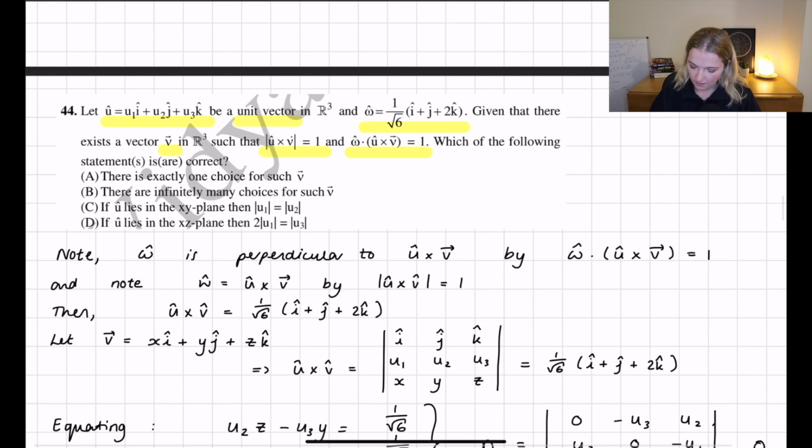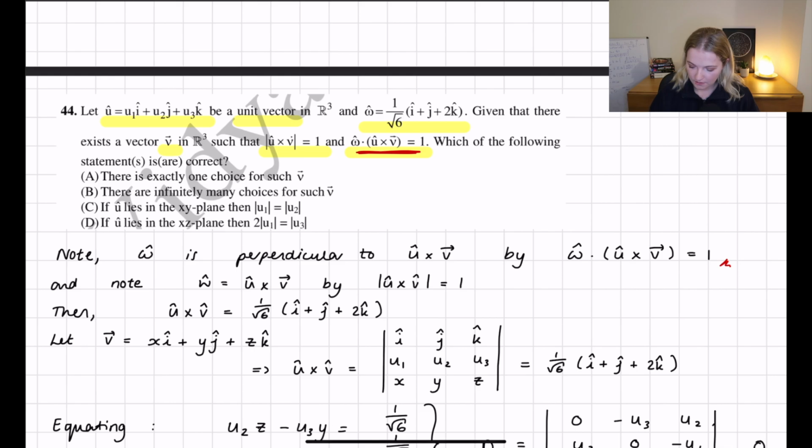So the first thing that we know is that omega hat is perpendicular to u hat cross v, and that's given, and that's because of this equation here. And then we know that w must therefore, I think I've used w here, but I meant omega. Omega and w are interchangeable here, so just excuse the fact that I've written w instead of omega.